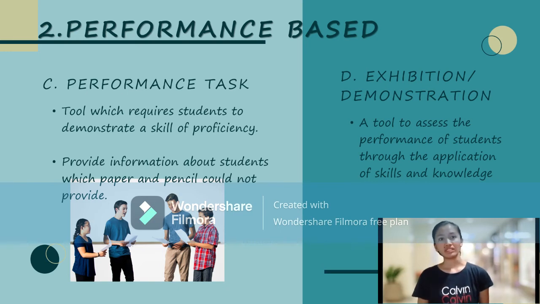This performance-based strategy is scored or graded through checklists, rubrics, and rating scales. So, this provides the teacher information about how students understand what the teacher has taught and how they can apply the knowledge to the task that is given to them.